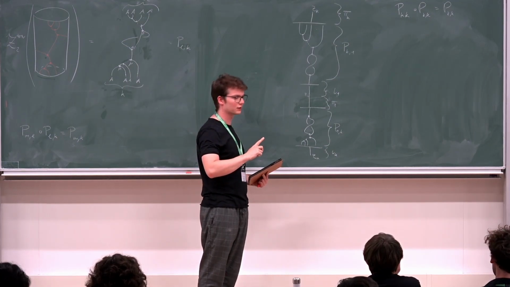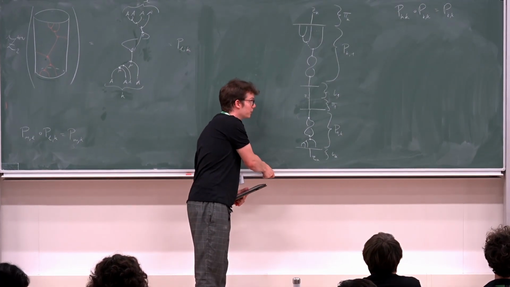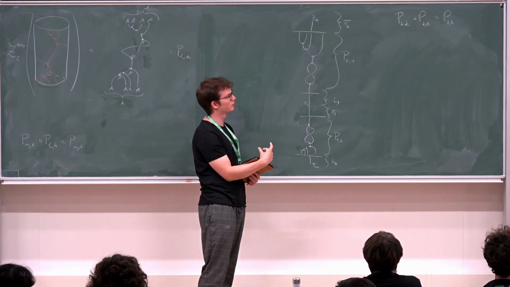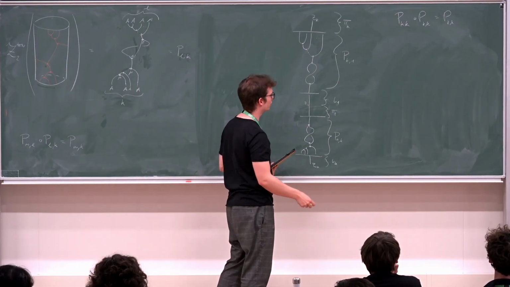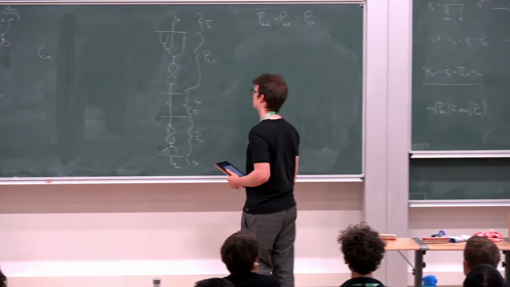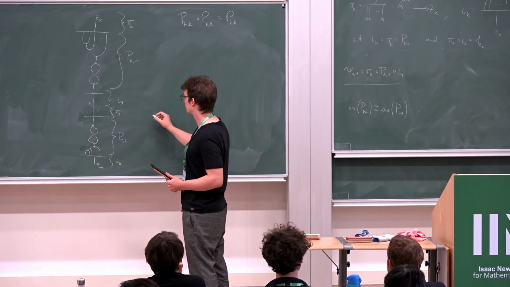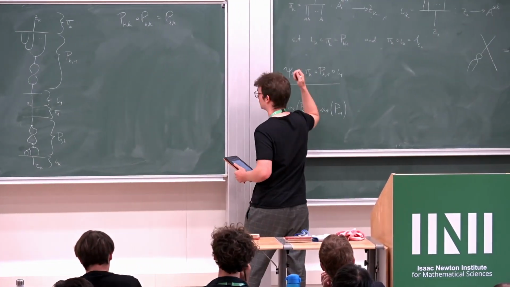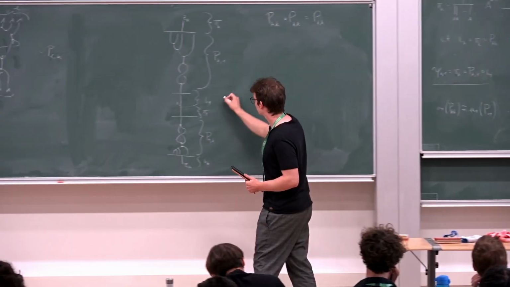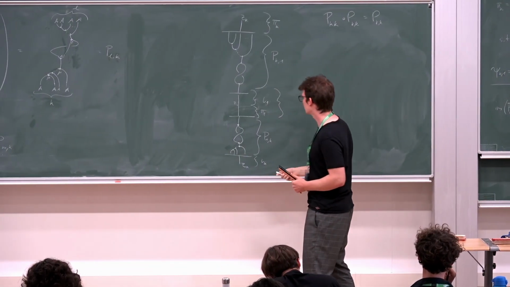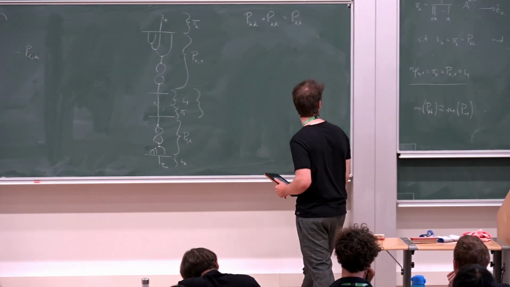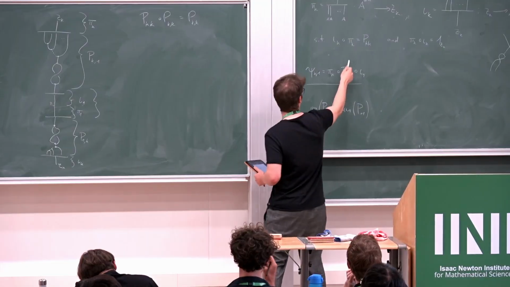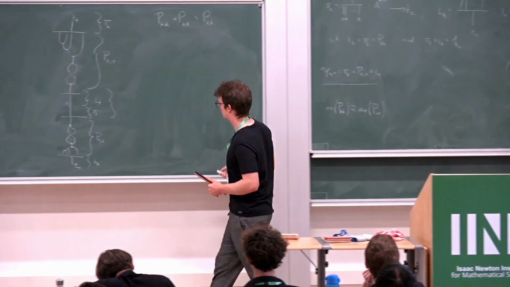Any ideas where to start? If not, that's fine, because this is just using our identities here now. So this, for example, is first pi1 and then iota 1. So this just gives us p11.